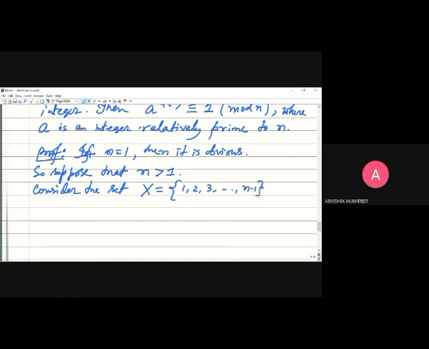Now this set X turns out to be a monoid with respect to multiplication modulo n.